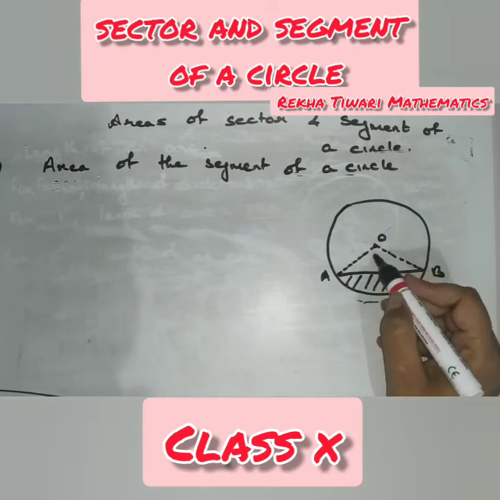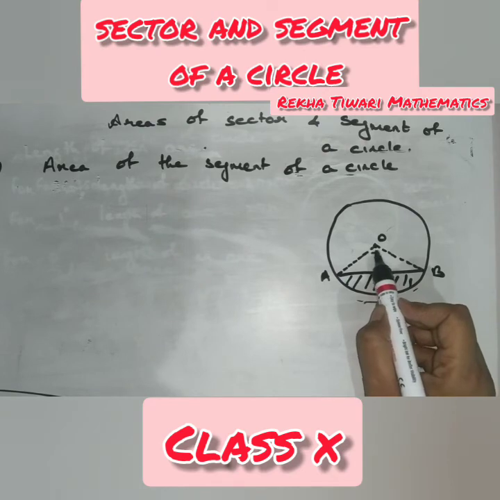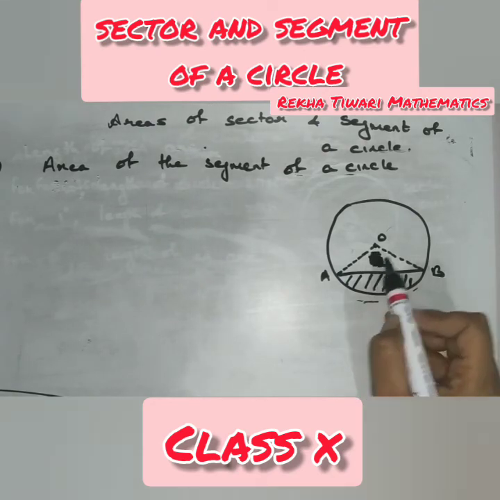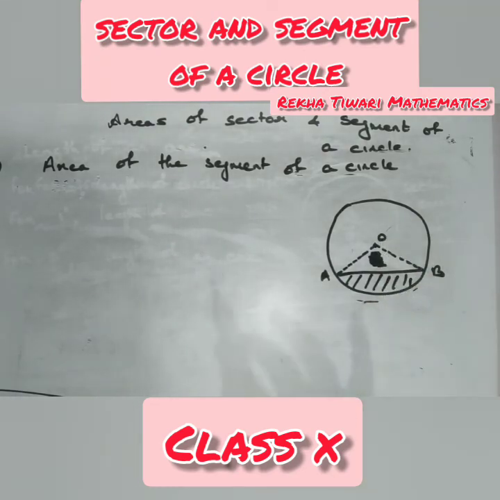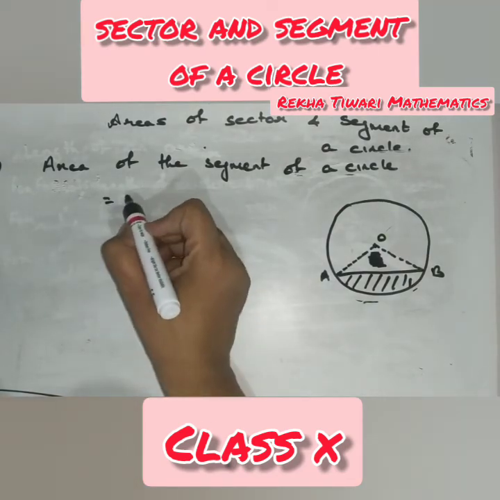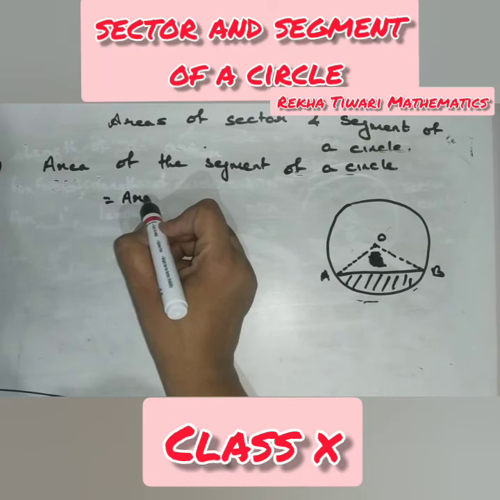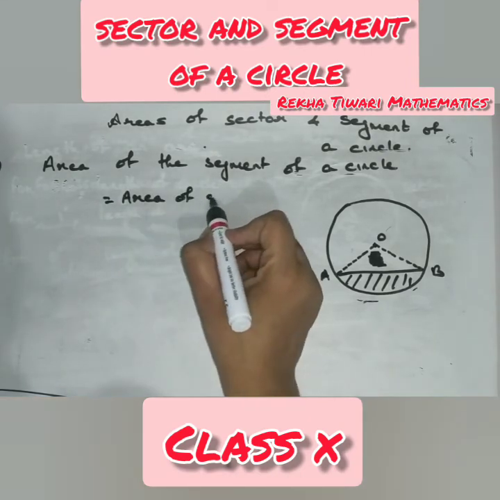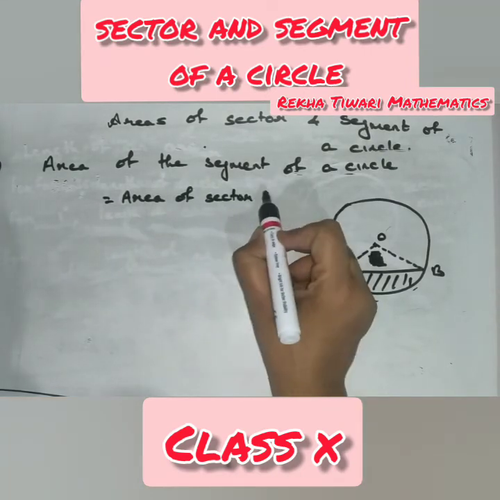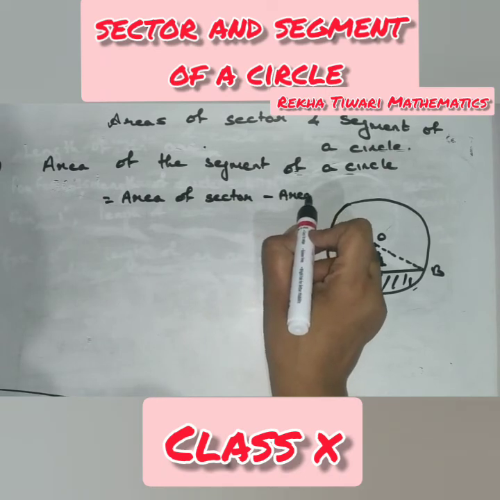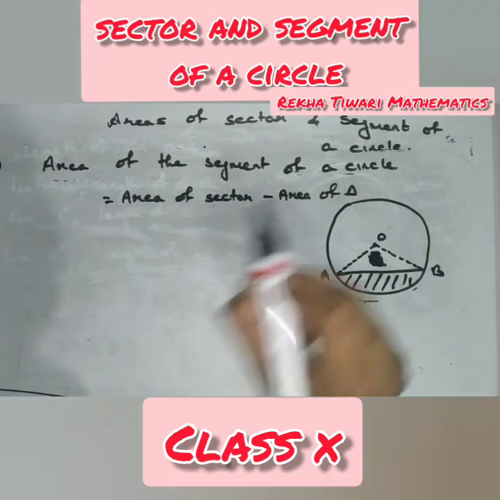If I subtract triangle OAB from the sector, I will get the segment. So area of segment is what? Area of segment is area of sector minus area of triangle.